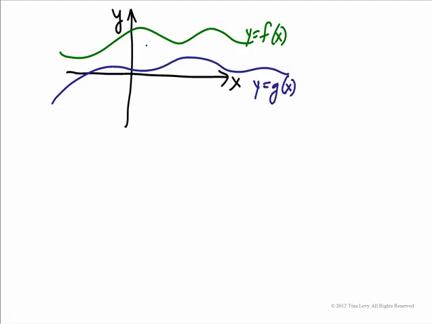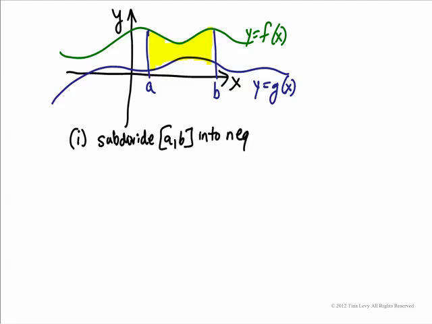We want the area between those two curves from x equals a to x equals b, which is this yellow shaded region. So our first step is we're going to subdivide AB into n equal subintervals again.